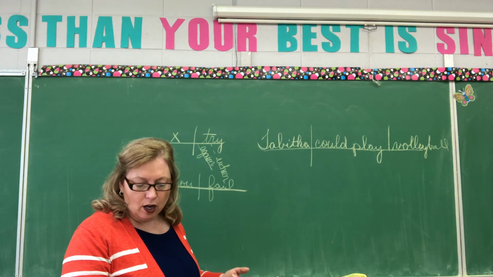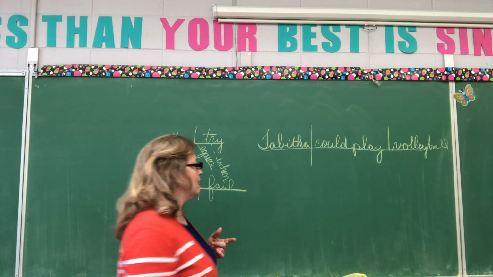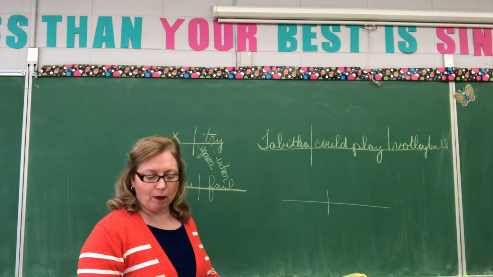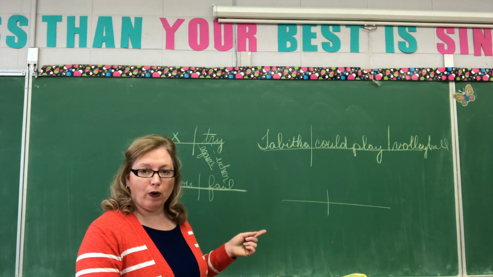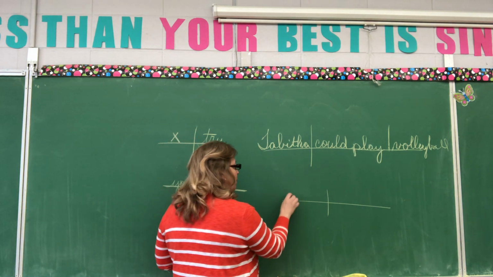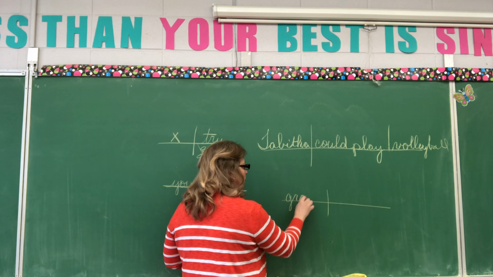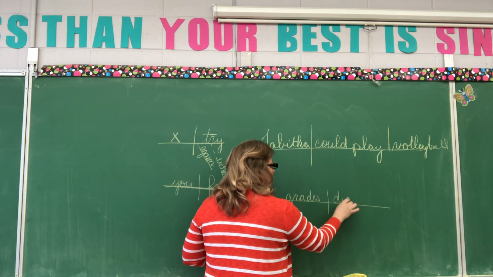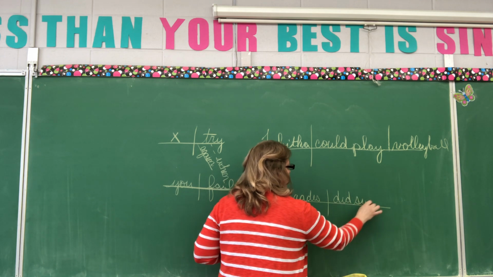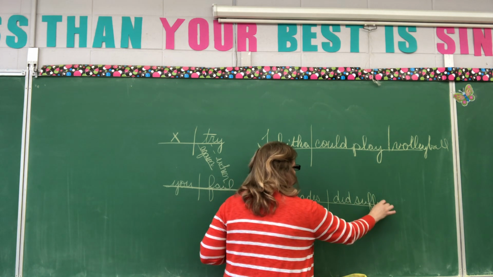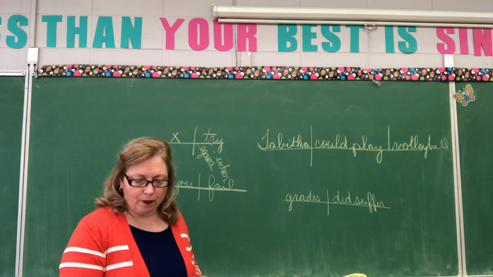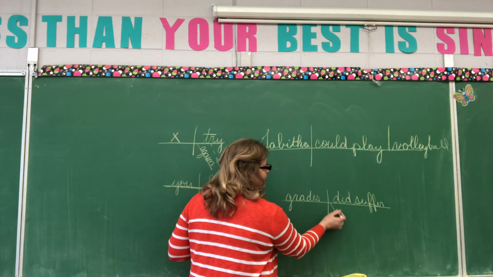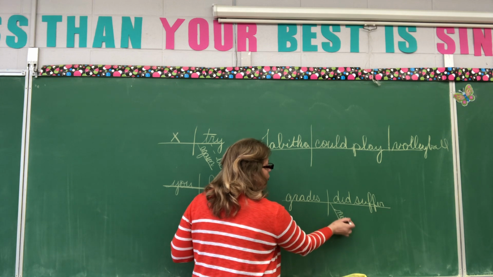Okay? Next, in our dependent clause, we need a subject and a verb. What is my subject and verb? Grades is my subject. Grades what? Did suffer. Grades did suffer, okay? And we have the adverb not, so her grades did not suffer.